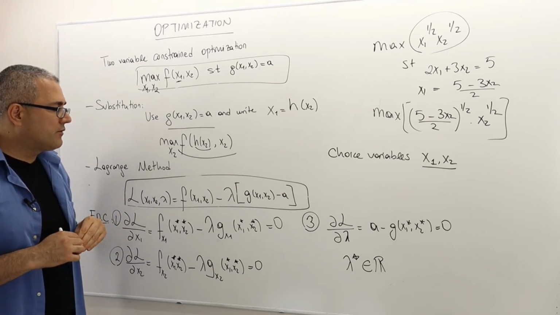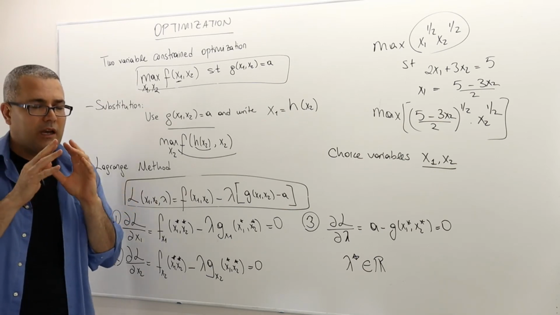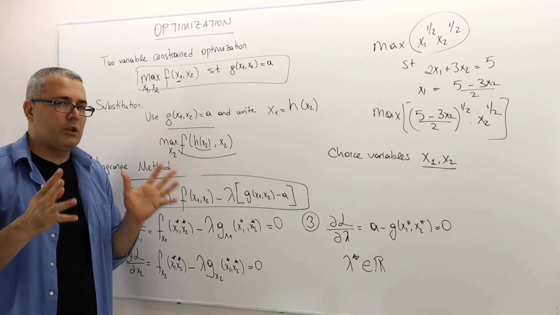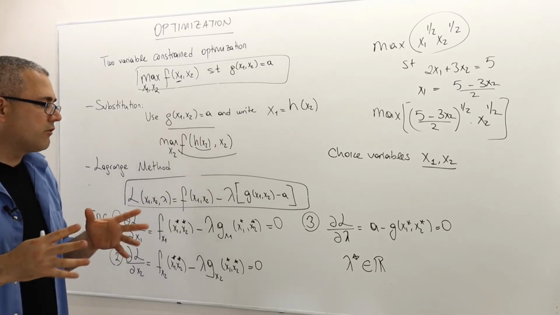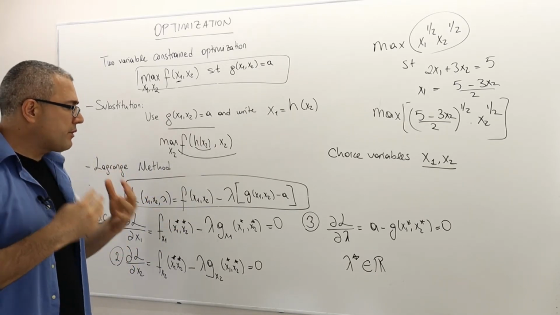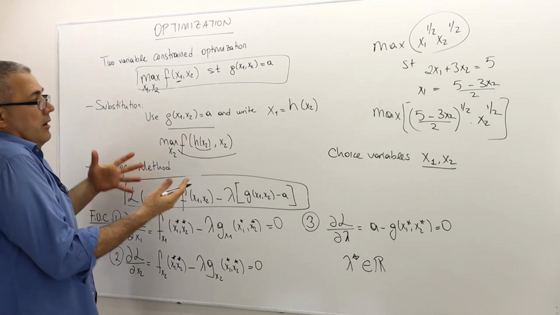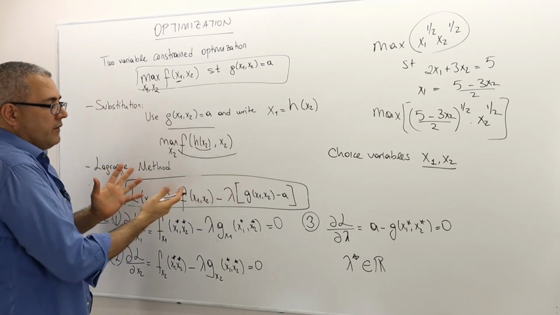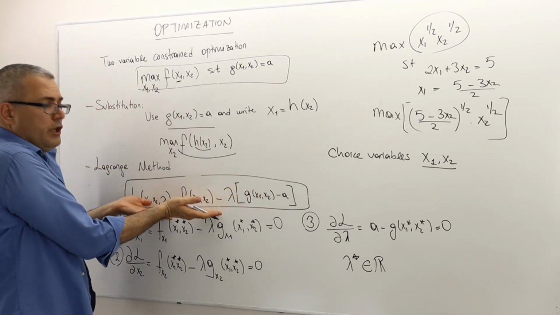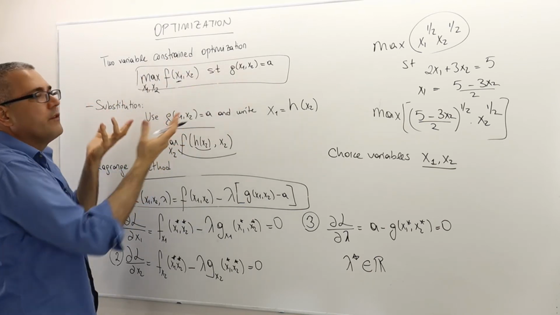But let me try to say a few things about the intuition behind the Lagrangian. I assume you already know how to use and build it. The intuition is the following: why am I trying to maximize this new function, given that my original objective was to solve this problem?